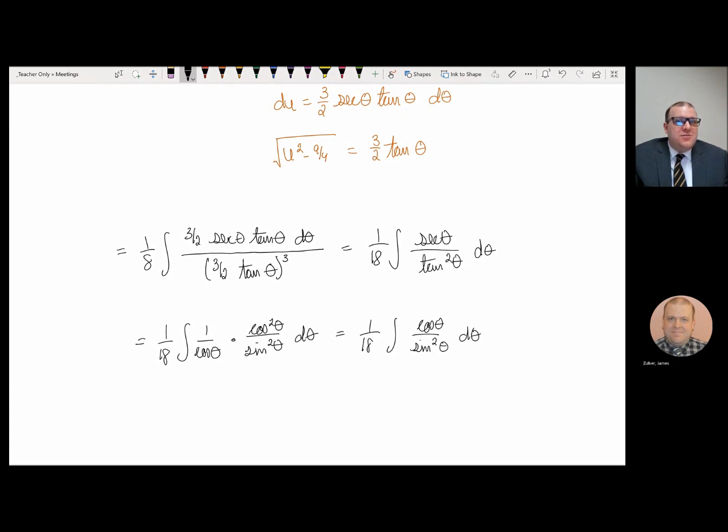So you can just let W be sine. And you'd have 1 over W squared. But that would be a third change of variable in one problem. I don't want to do that. I'm going to go the root of cosine over sine squared is cotangent times cosecant.